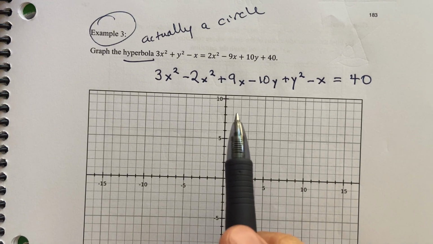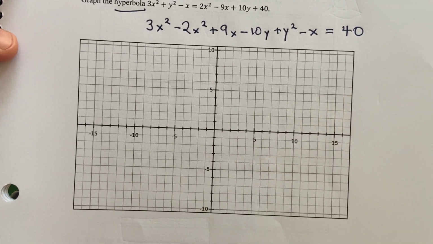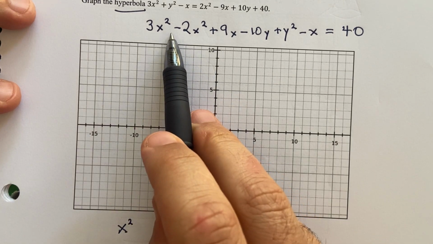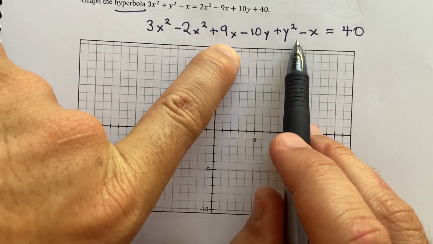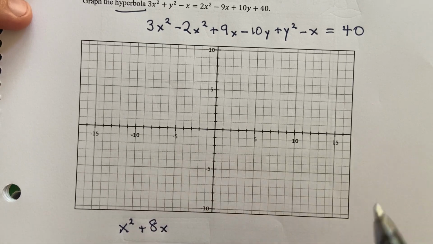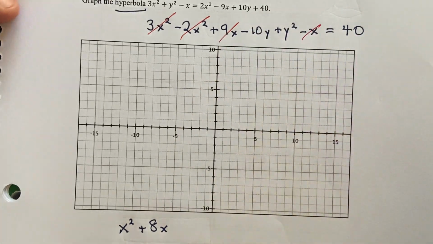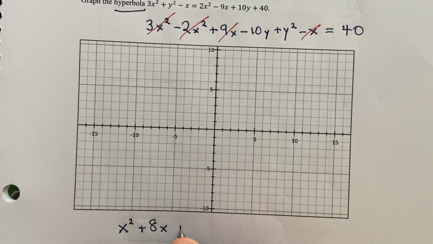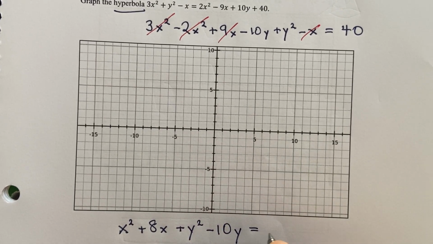Combine like terms, get the x's near each other, get the y's near each other, all that good stuff. So I'll have just x squared from those combining. Positive 9x minus x, so plus 8x. And then I'll have a plus y squared minus 10y, and all this equals 40.